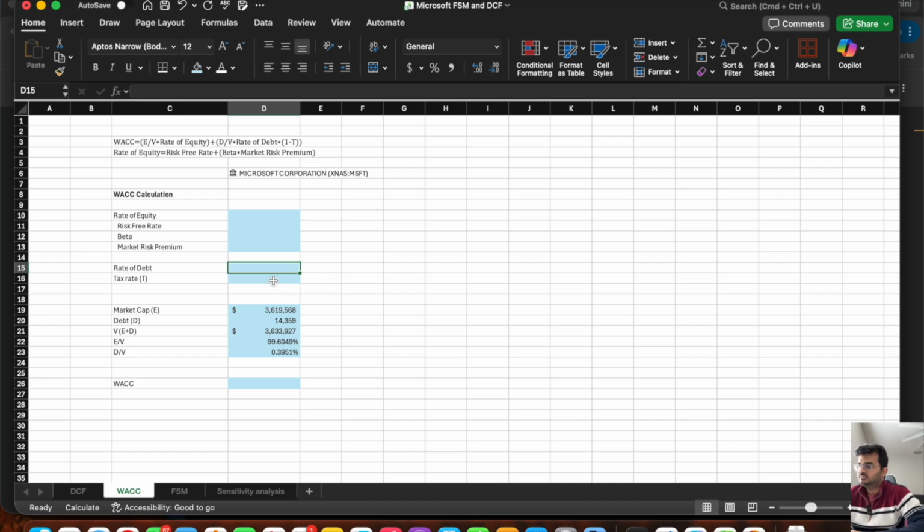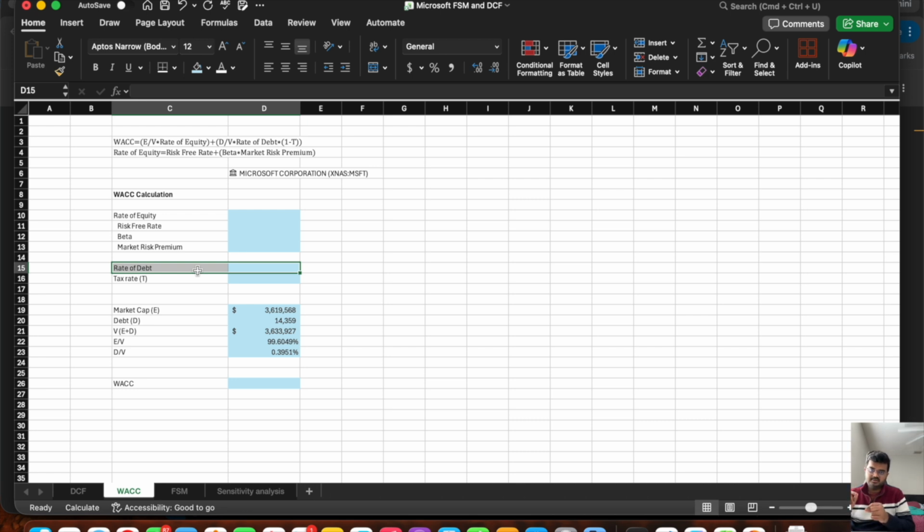For this, first we will complete the debt part, then go back to equity. To calculate the rate of debt, the most elegant and most accurate way is to go to any data provider like Bloomberg or Seeking Alpha and find the rate the company has to pay on its debt.